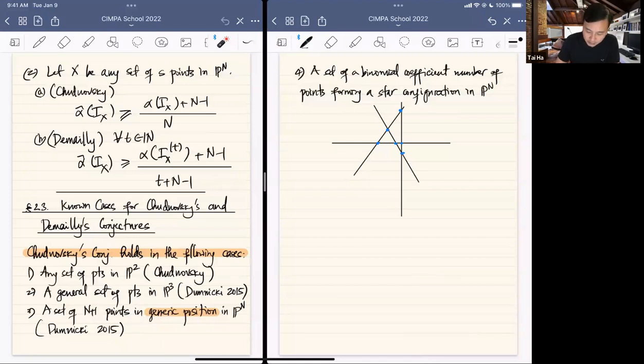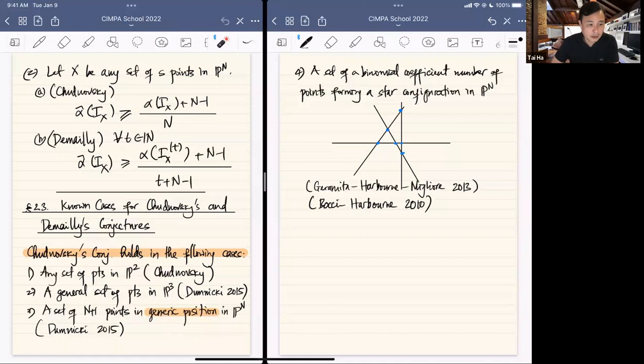So this is done by Geramita, Harbourne, and Migliore, I believe in 2013, and probably it was already included in Bocci and Harbourne's work, maybe not explicitly, in 2010.